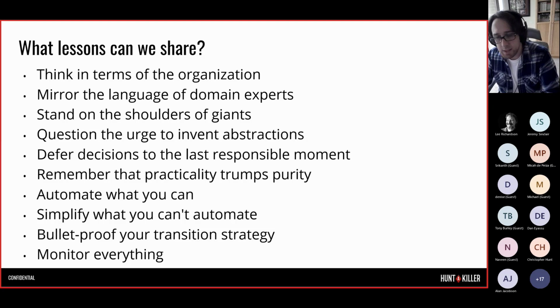Some of these lessons or thoughts are not necessarily specific to the endeavor of breaking up a monolith into microservices. Sometimes these are just general good software development practices or general best practices that I've learned over the course of my 12 plus years of software development.